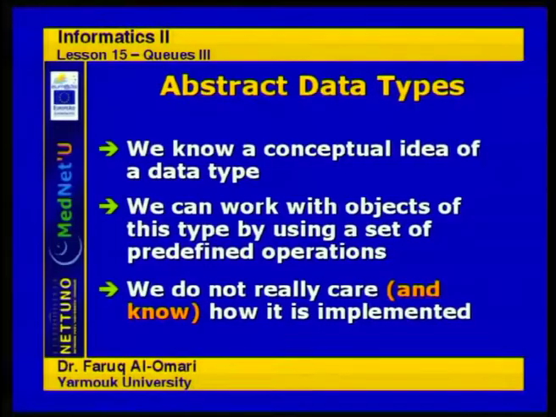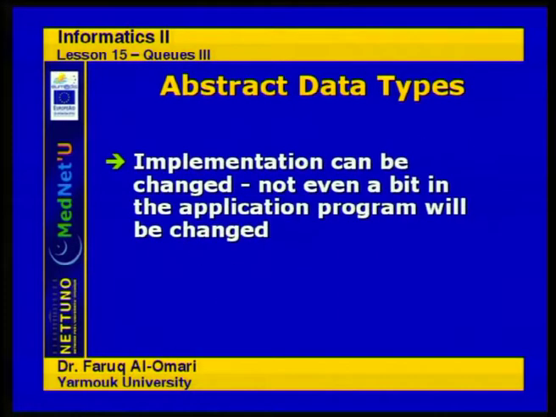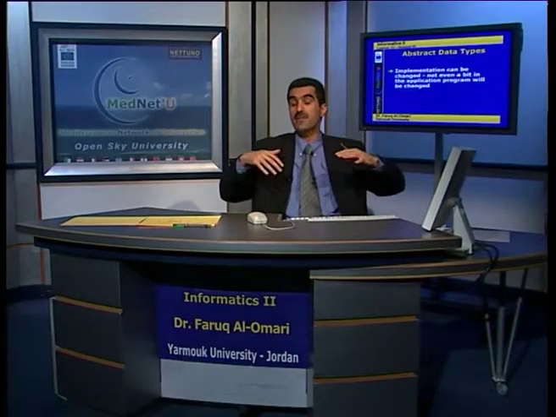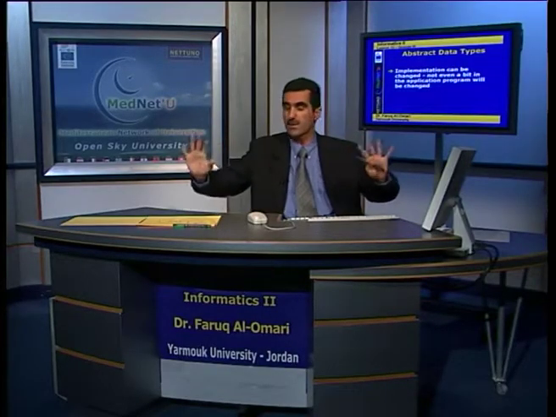We do not really care, and sometimes do not even know, how that data structure is physically implemented. We work with objects rather than physical things. Implementation can be changed. At any time, the implementation can be changed physically because I find another, more efficient way of doing it. Yes, you can do that.